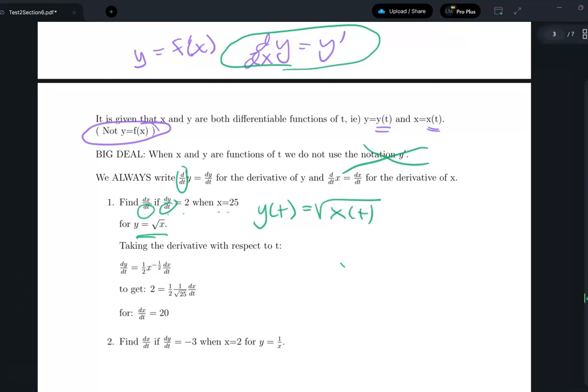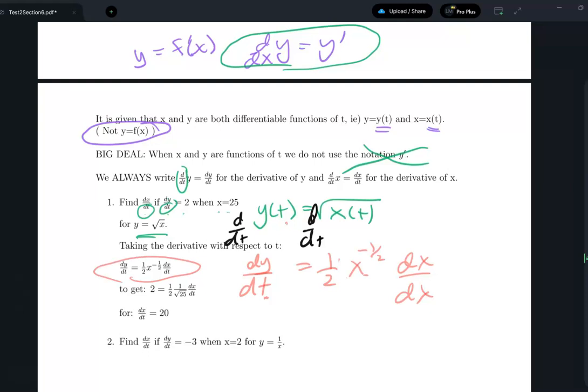So that when I take the derivative with respect to t on both sides, I get dy over dt on this side. This side here, I do chain rule. So I bring the 1/2 down, x to the, oops, I meant to write x to the negative 1/2. So I'd have x to the negative 1/2, and then times the dx over dt, and that's what that is.